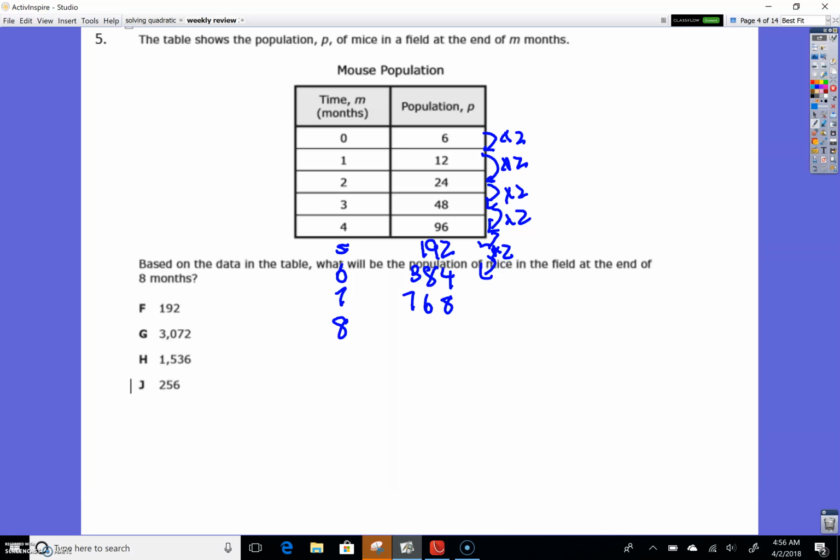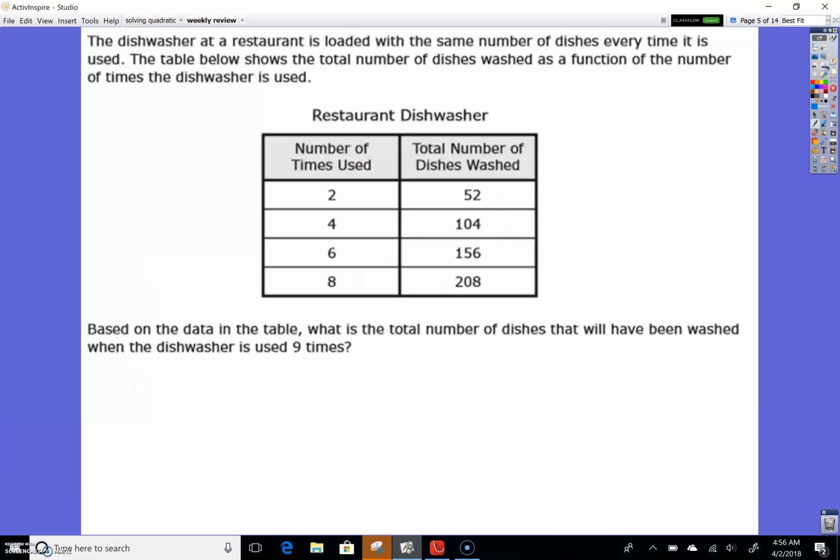Times 2 again, I get 1536. Okay. You just gotta see the pattern on the table.